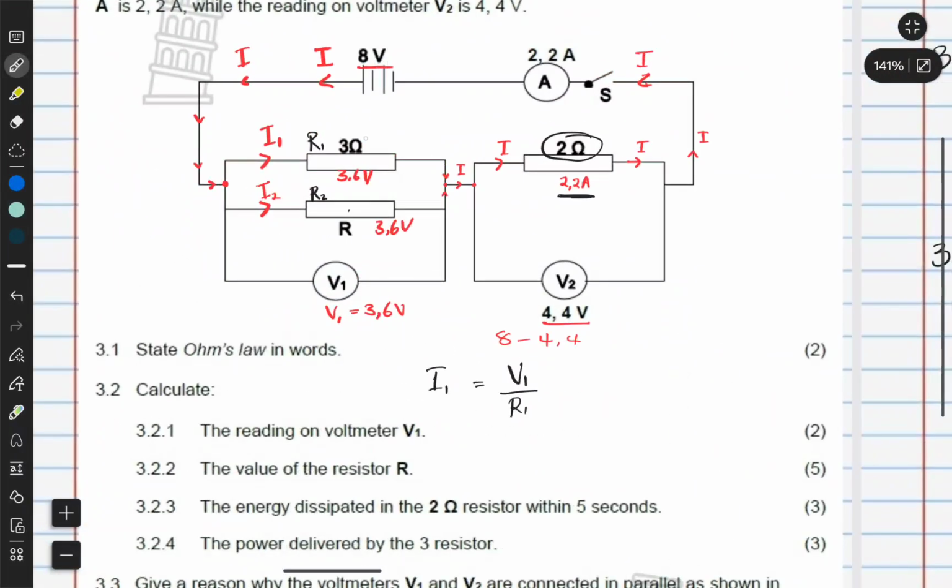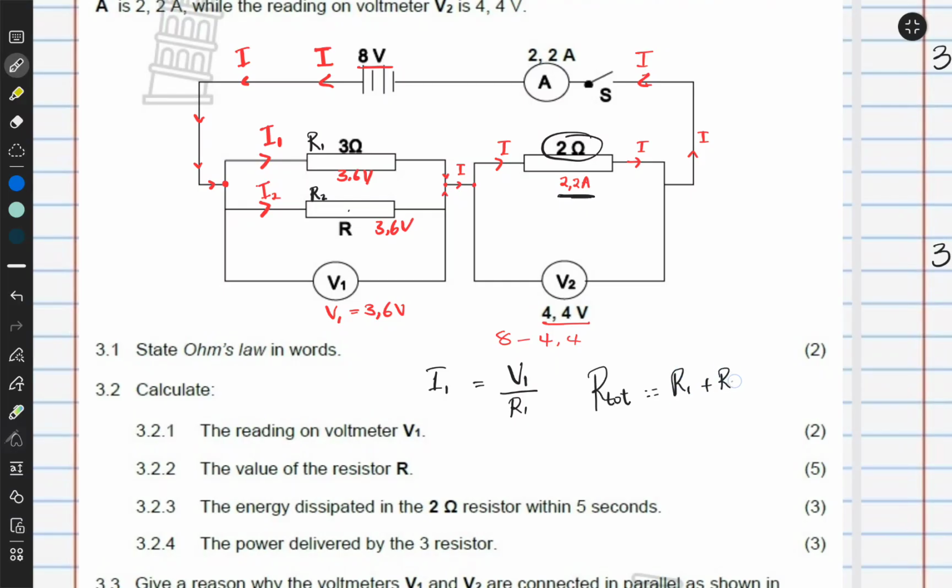So if we remove the 3 ohm resistor from the circuit, it means we will no longer have a parallel combination, right? So the whole circuit will be in series. So what will happen if the whole circuit is in series? It means our new R tot will simply be R1 plus R2, which will be 5 ohms, right?